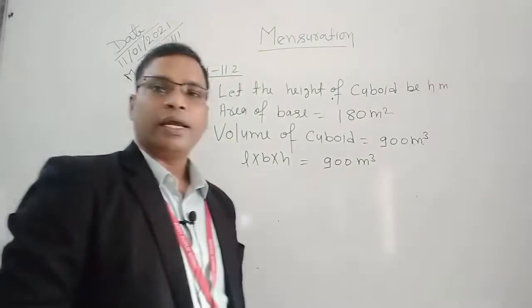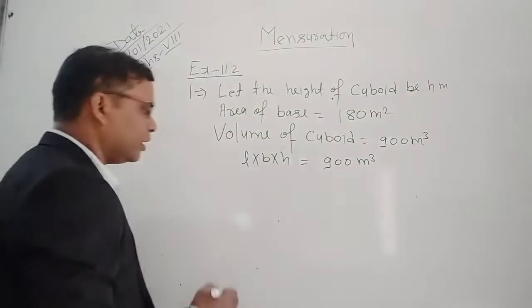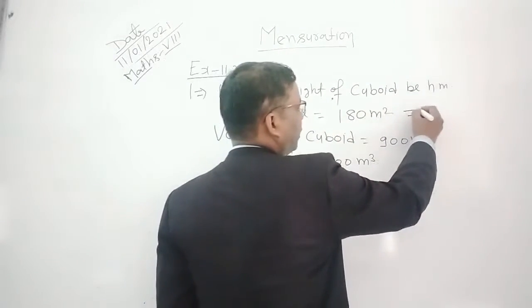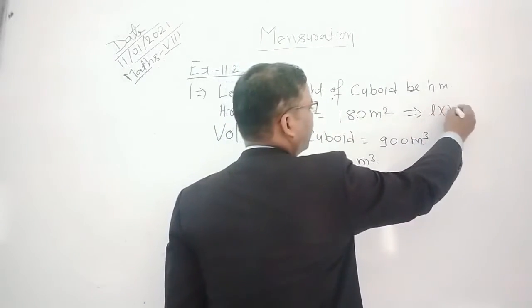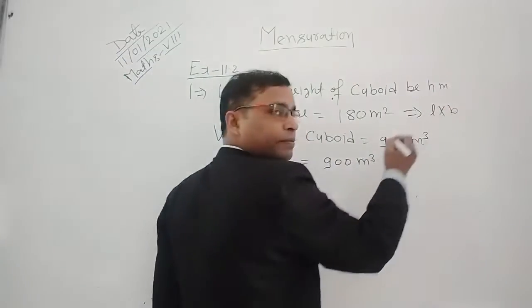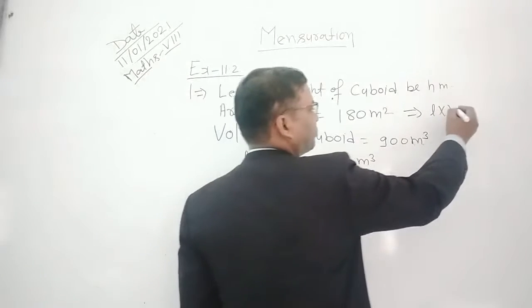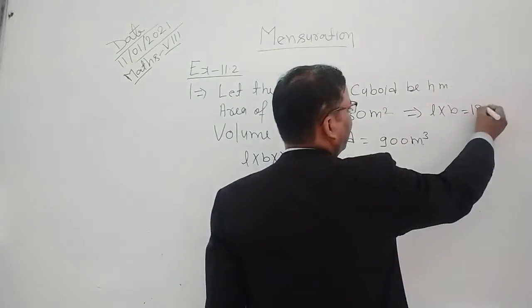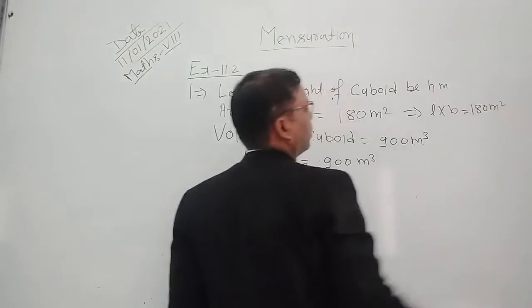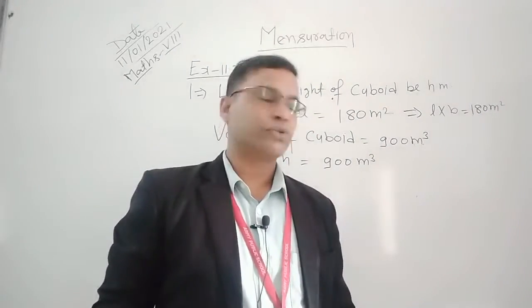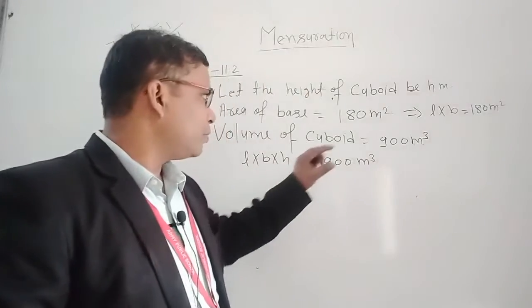And L into B, this is given. This is the base area of the cuboid. This is equal to the given 180 meter square.